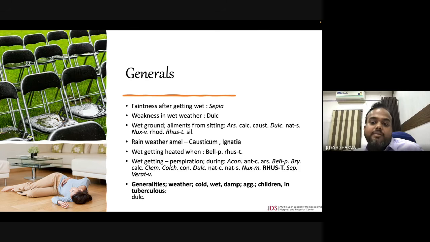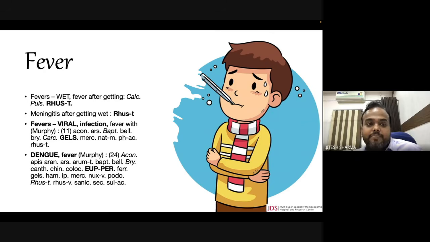Getting heated when wet? Bell-p, Rhus tox. So ill effects of being overheated generally, that's Bell-p, Rhus tox both. Wet, getting perspiration during: Rhus tox, Bell-p, Clematis, Colchicum, Dulcamara. Now, wet weather, cold, damp, wet aggravation, in tuberculous children, Dulcamara is the only remedy.